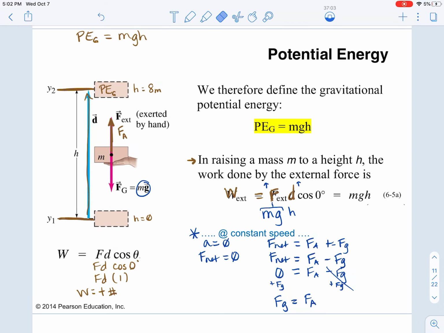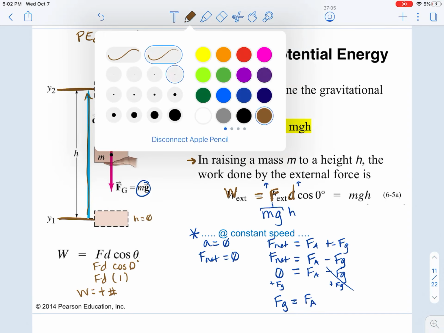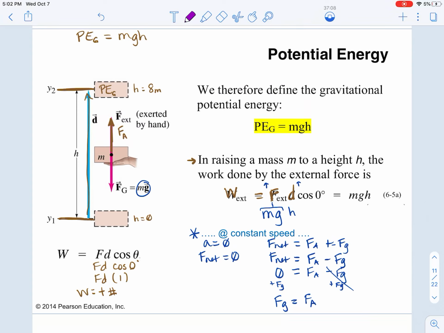I also wanted to make sure that I took time to address that this relationship of a constant speed is the same if we were in the horizontal direction. So if my acceleration in the x direction was 0, then my net force in the x direction would be 0.